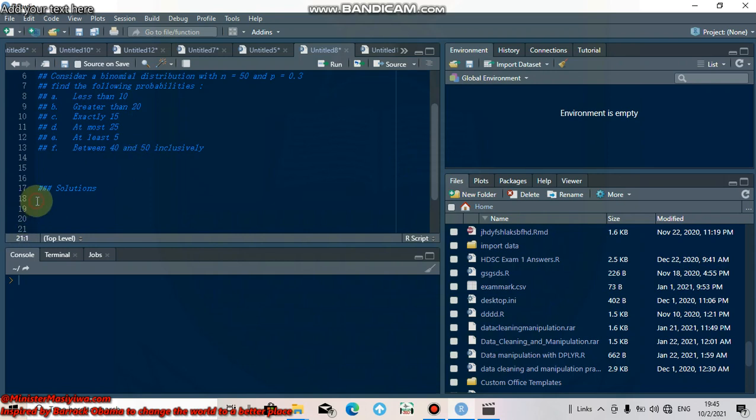So how do we do this? We assign n equal to 50 first, then p, which is the probability of success, equal to 0.3. Then we are going to store our values.